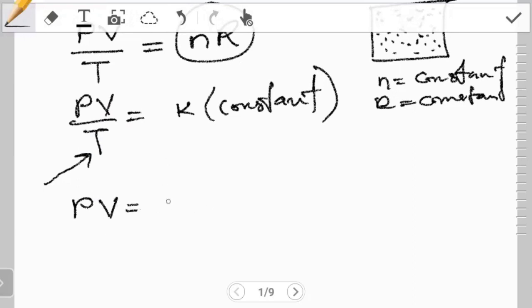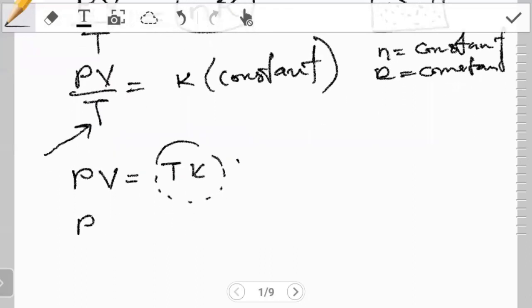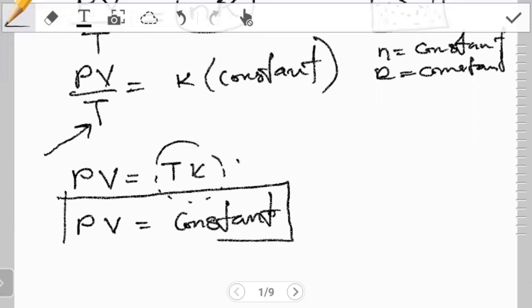If I cross multiply here, T now joins the K in being constant. So now this term on the right-hand side is all a constant. So you have PV is equal to a constant. This relationship that we have derived, the product of the pressure and the volume being a constant, is what gives rise to Boyle's law.